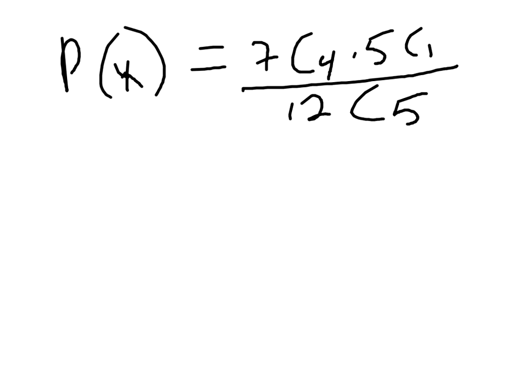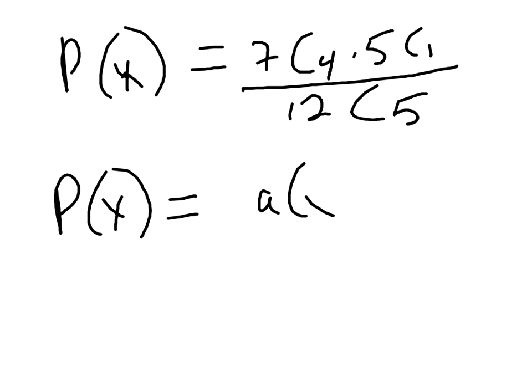And again, here's the formula for this hypergeometric distribution. It's ACX, capital X, times B to N minus X.